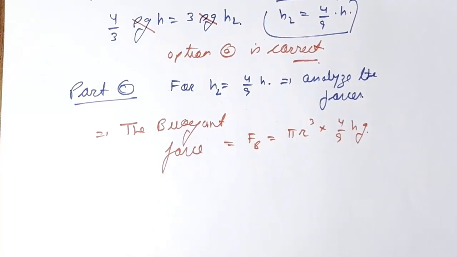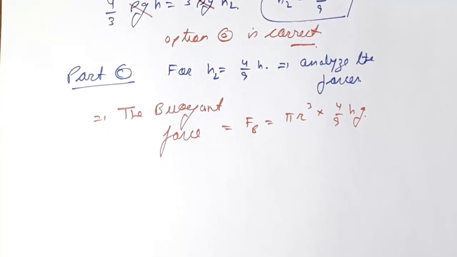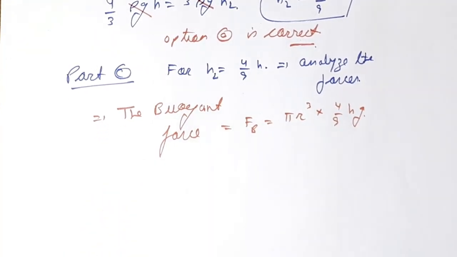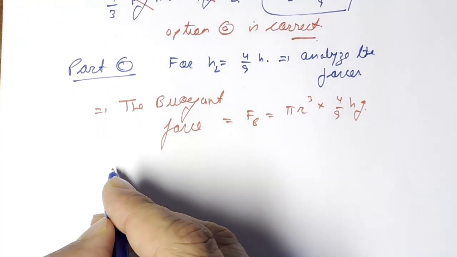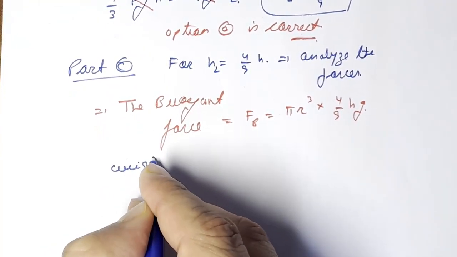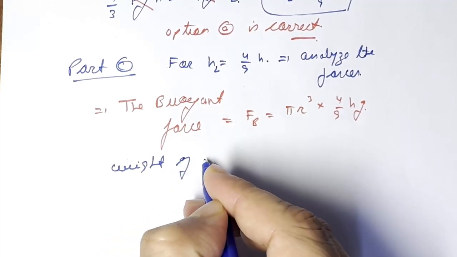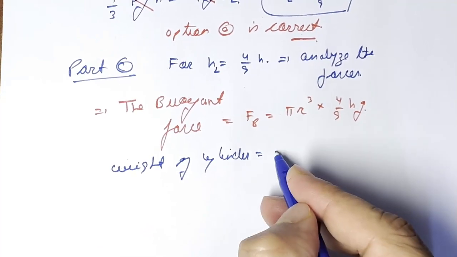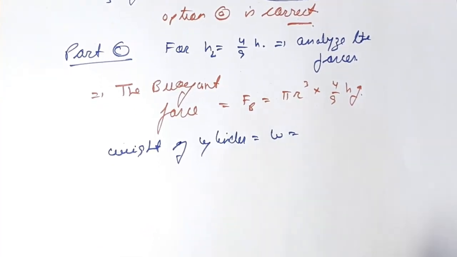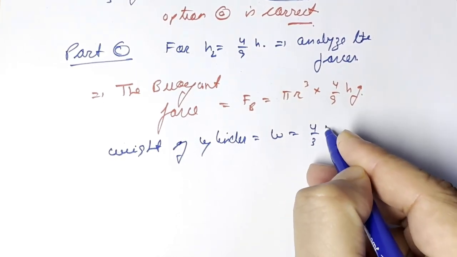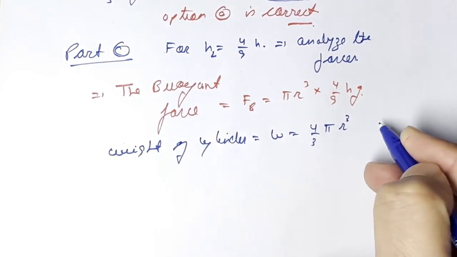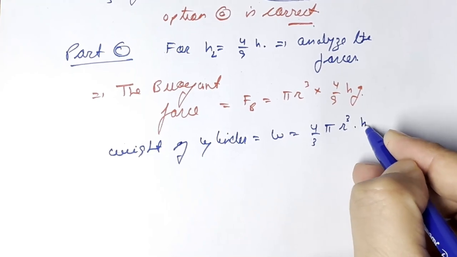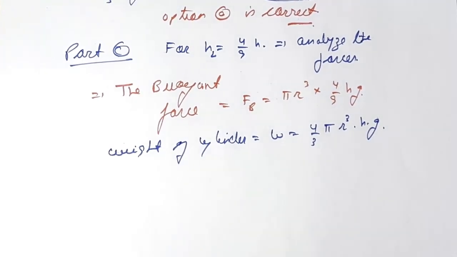So this is the amount of the buoyant force, and next is the weight of the cylinder. Weight of cylinder, let us call that W, and that will be equal to 4/3 pi r cube multiplied by h multiplied by g.